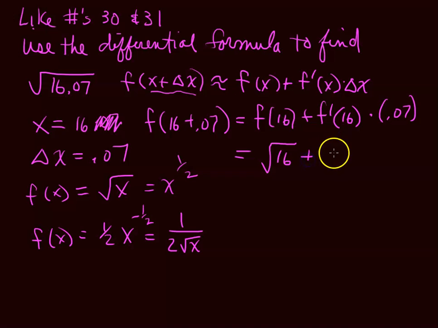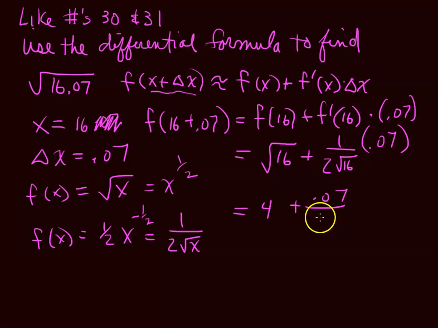F prime is 1 over 2 times the square root of 16. And this is times the 0.07. So square root of 16 is 4. 0.07, we can put that in the numerator. And 2 times the square root of 16, or 4, is 8. So we just need 0.07 divided by 8.